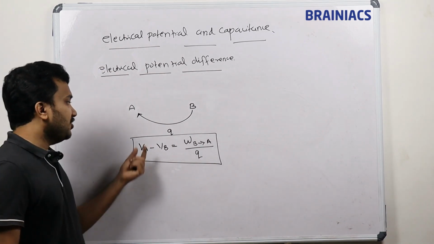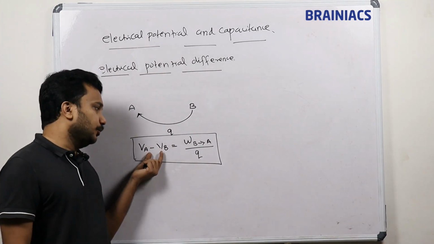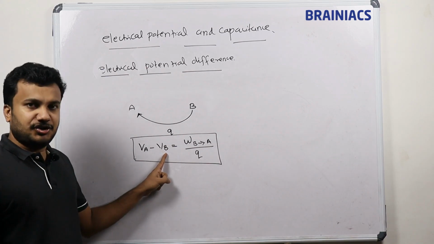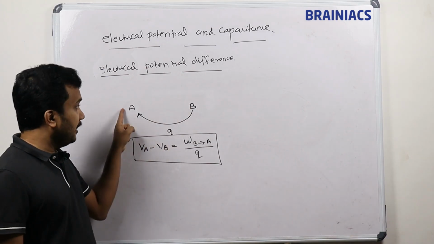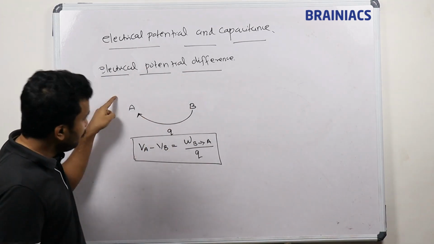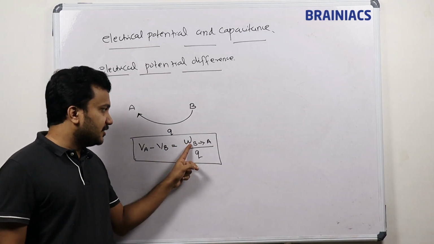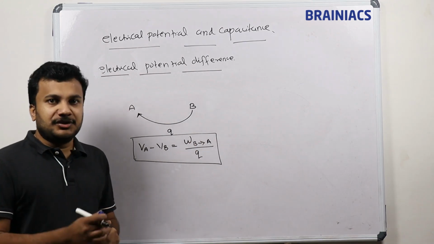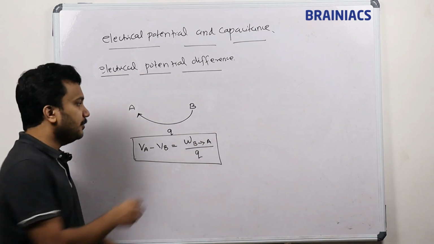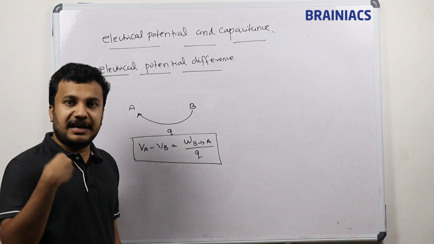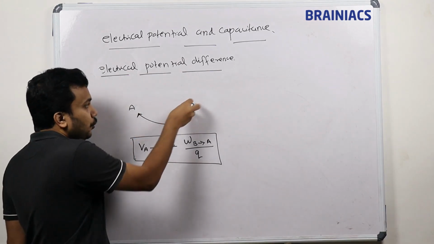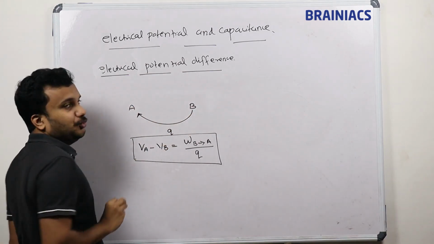Potential difference is equal to the final point minus the initial point, A minus B. We are moving from B to A, so I am doing some work, and that work is W from B to A. Work means energy. How much energy have I spent to move this Q coulomb of charge from B to A?